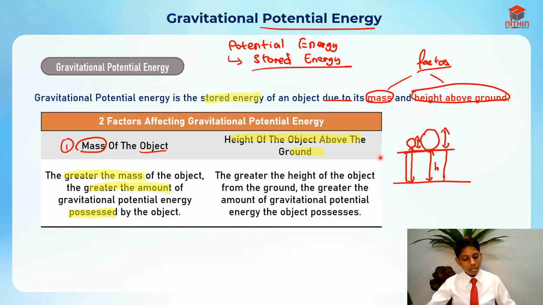So let's go through the relationship: the greater the height of the object above the ground, the greater the amount of gravitational potential energy the object possesses. See, using the keywords again. I hope you understood that. Now let's move on.